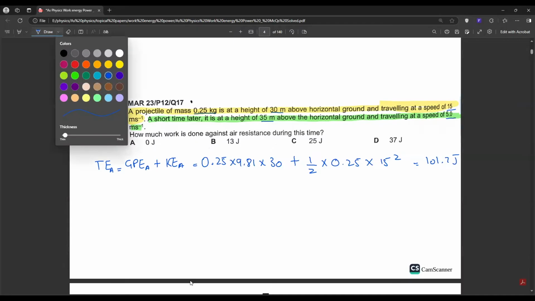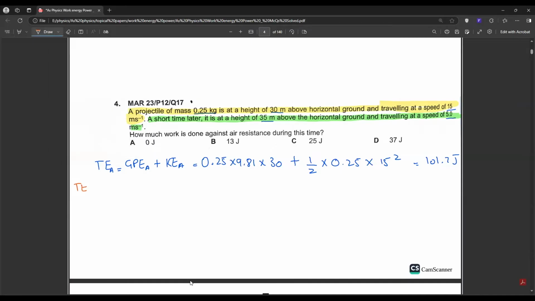Now let's calculate the total energy at point B. The total energy at point B will be equal to the gravitational potential energy at B plus the kinetic energy at B. What will be the gravitational potential energy at B? 0.25 into 9.81 into the height, 35, plus the kinetic energy, 1 upon 2 into 0.25 into 5 squared.